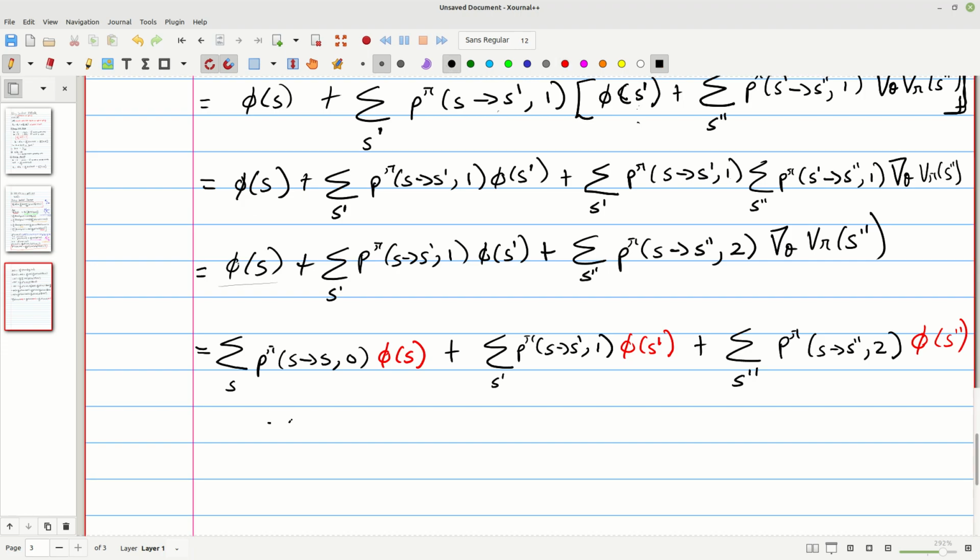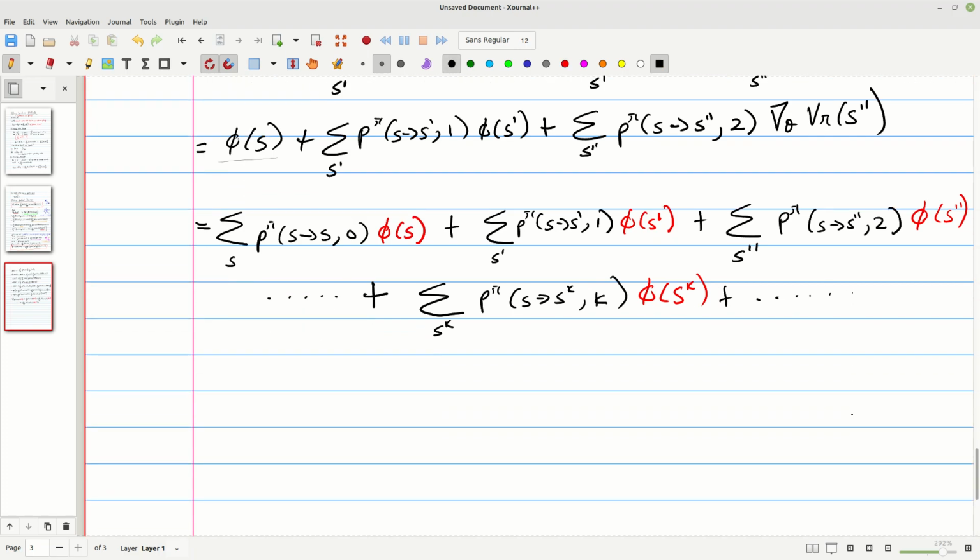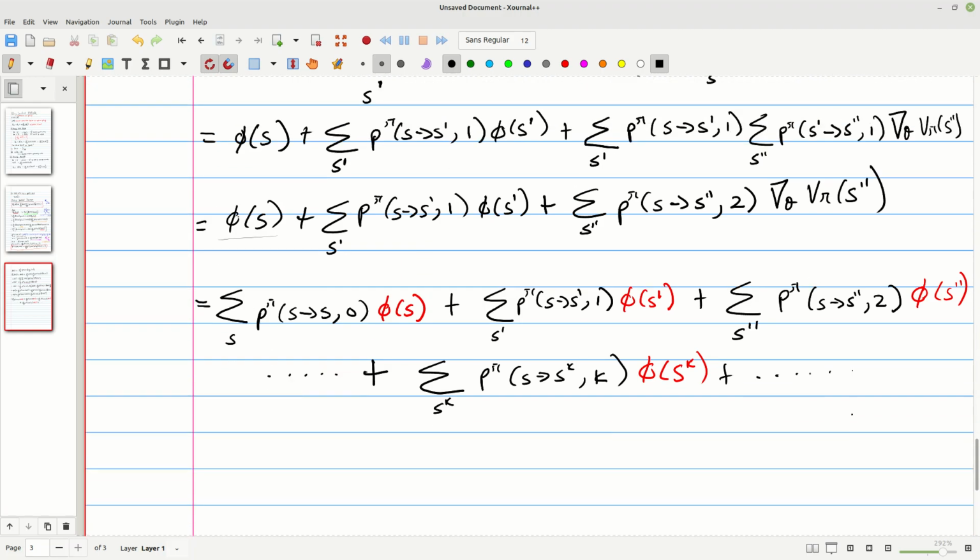And this keeps on going, and then we're going to have plus the summation over s to the k of p pi from s to s_k in k steps times phi of s_k, whatever k is. And this goes on and on. So this is how we're now writing our expression.